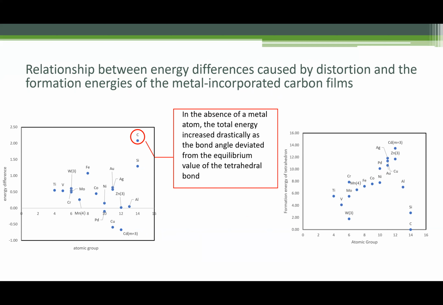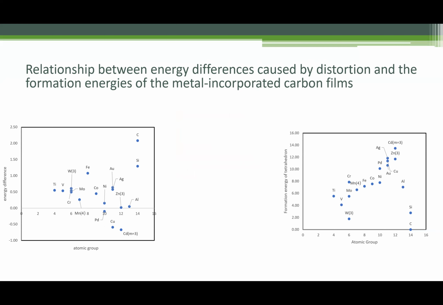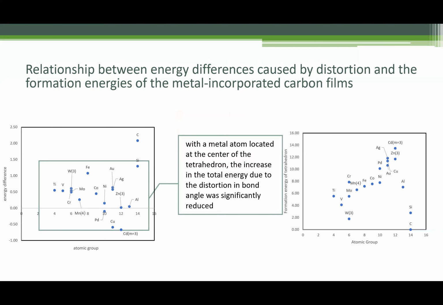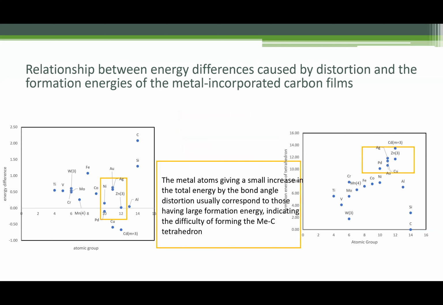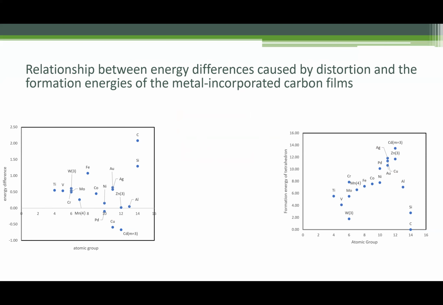In the absence of a metal atom, the total energy increased drastically as the bond angle deviated from the equilibrium position. And with the metal atom located at the center of the tetrahedron, the increase in the total energy was significantly reduced, and the ability to reduce the stress energy is related to the formation energy of the metal incorporated carbon films.